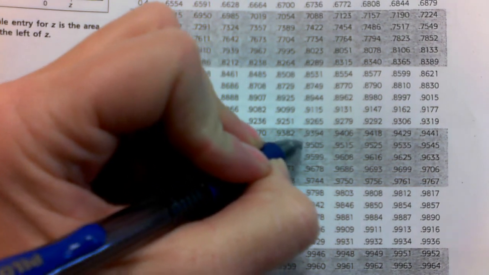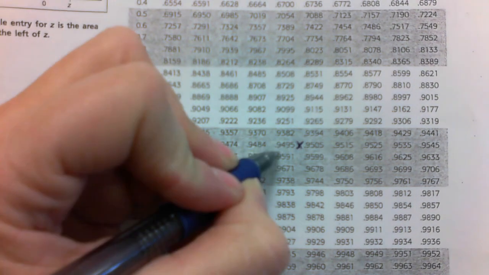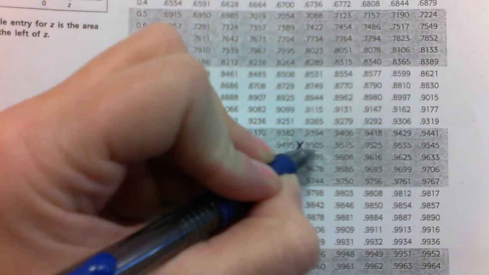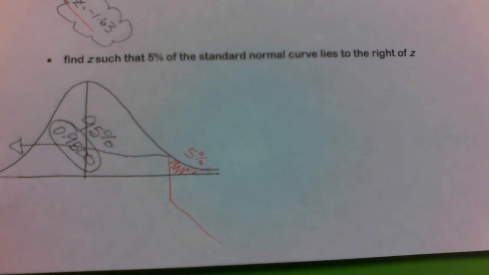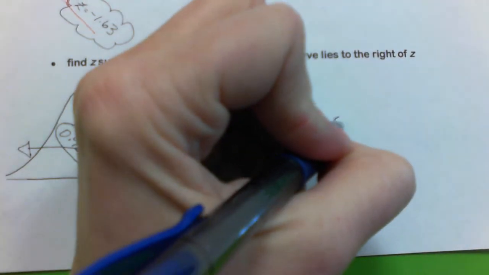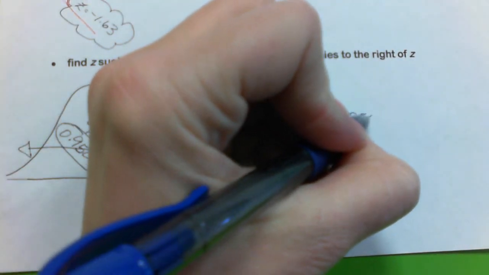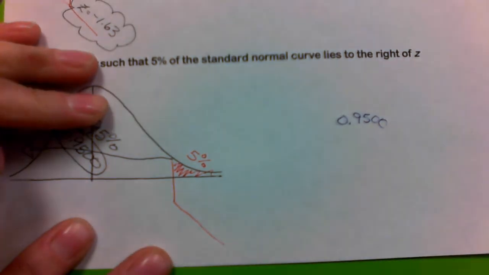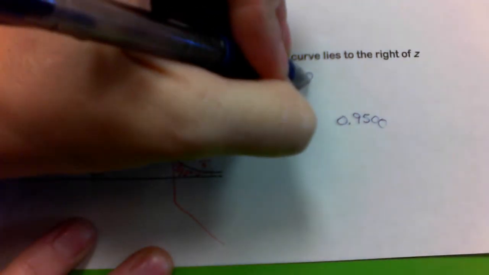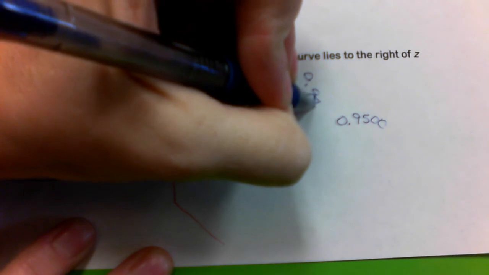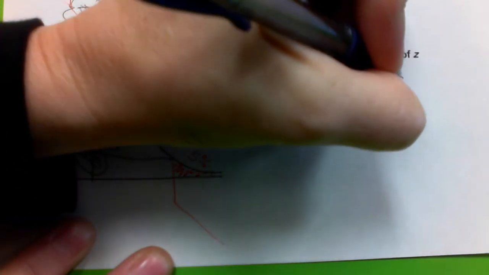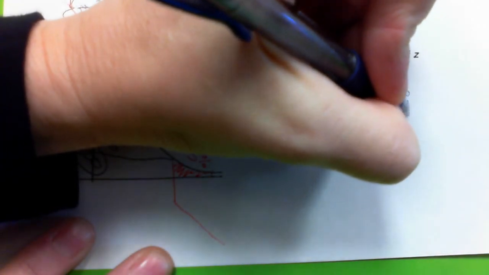All right, so 9500 is going to fall right in here in between 0.9495 and 9505. So the two values we're looking for 0.9500, and the two values that I found that it fell between was 0.9495 and 0.9505.